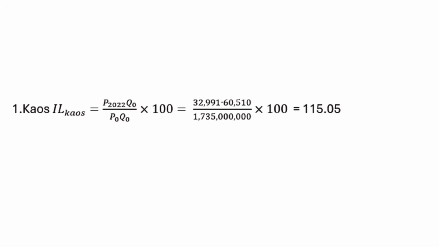The base price times base quantity, from the harga dasar in the data diagram timbang, is 1,735,000,000. We multiply by 100, so the result is 115.05.